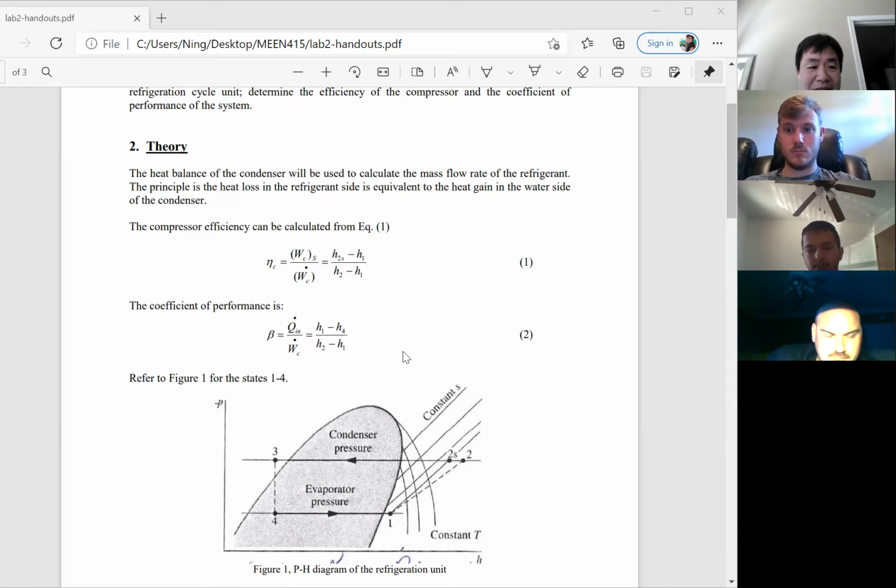We did have an experiment like this in the previous semesters, but I didn't have the video for that 3rd one. I will try, if I can, to do a measurement for that 3rd one. Then I'll let you do it later in the semester. Then we have a complete picture, a complete understanding of the refrigeration cycle and the refrigeration unit.